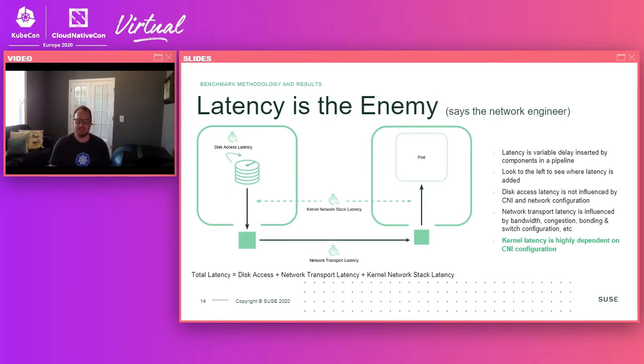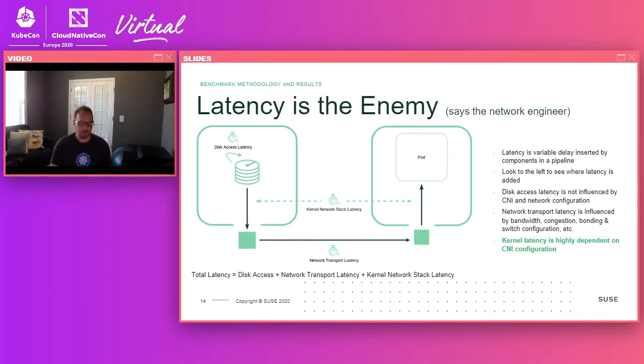The idea here is the factors driving latency here are going to be bandwidth availability, congestion, bonding and switch configuration, and those kinds of things. And then the last bit is that kernel latency, the network stack that we have to traverse between the NIC and the pod. This is going to be highly dependent on our CNI configuration.